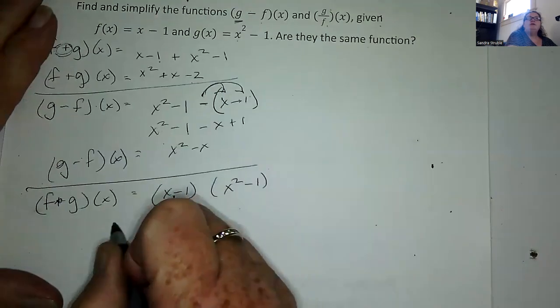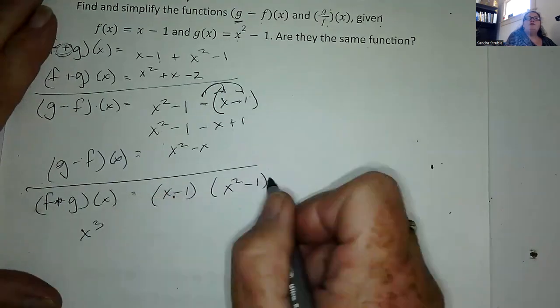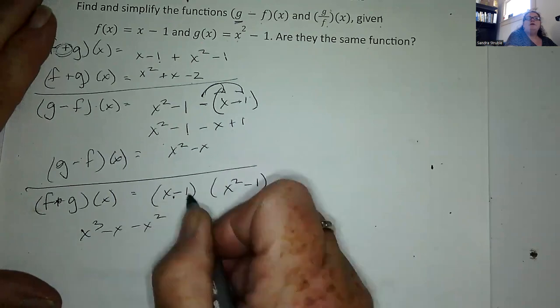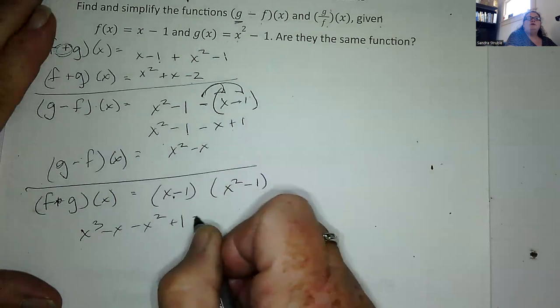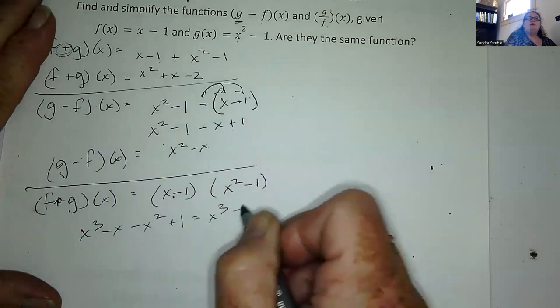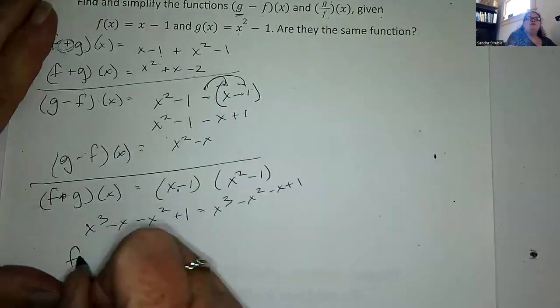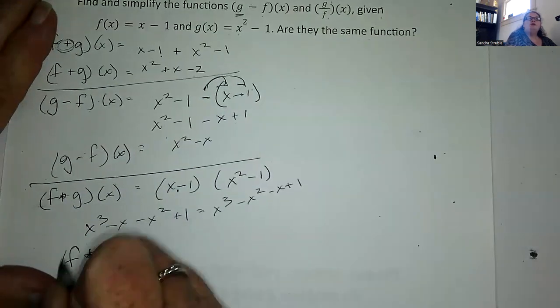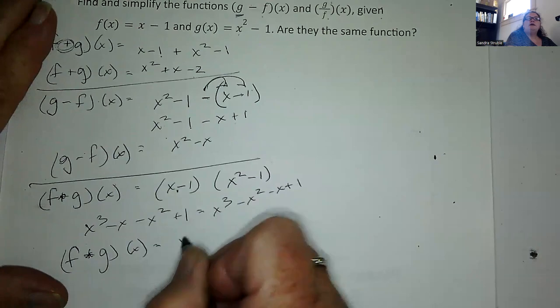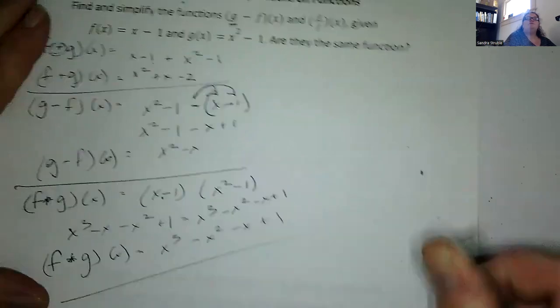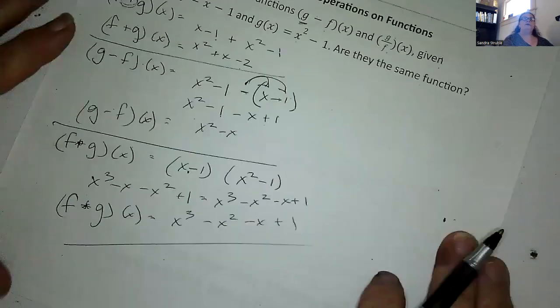First is x cubed, outer is negative x, inner is negative x squared, and last is positive 1. That's equal to x cubed minus x squared minus x plus 1. I'm just cleaning it up. That's f times g of x, and that's the answer. All right, my paper's getting kind of crazy here.